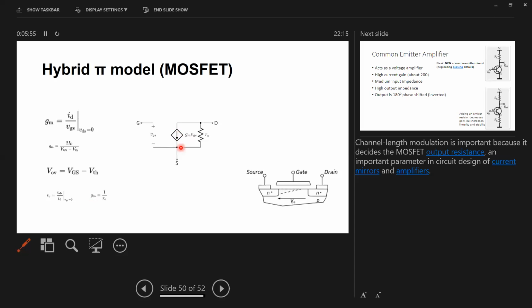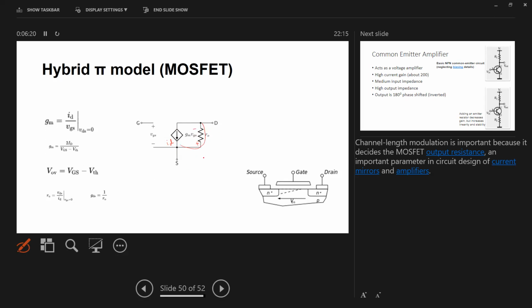This drain current flows through RO, creating a drop across the resistance RO, which is your output voltage. Let's see what value you get. For example, this is your ID, and it flows like this, creating a drop like this.